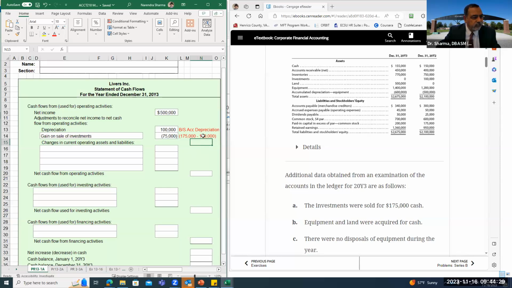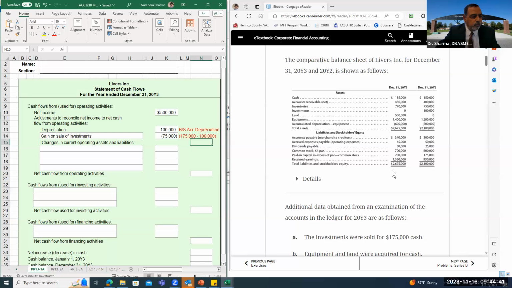Now, since we don't have any other items to add or subtract, we are going to look at the changes in the current operating assets and liabilities. Remember, we will be looking at current assets except cash, and on the current liabilities, everything except the dividends payable.